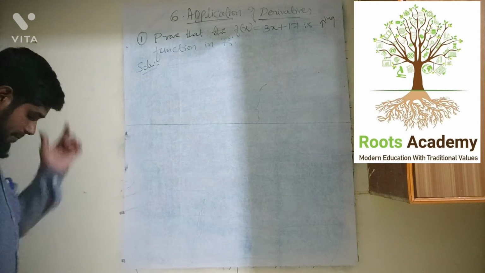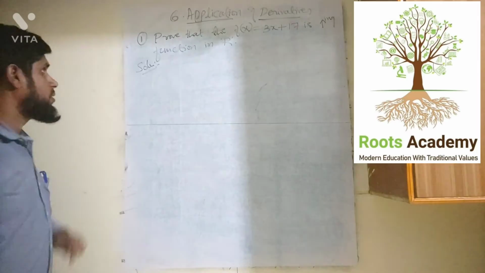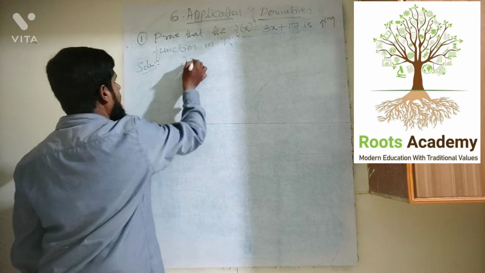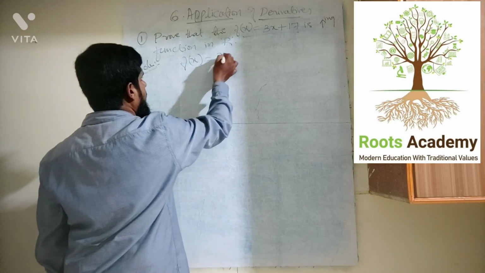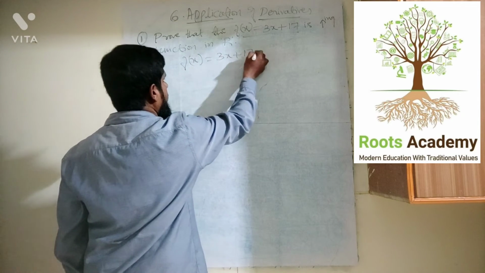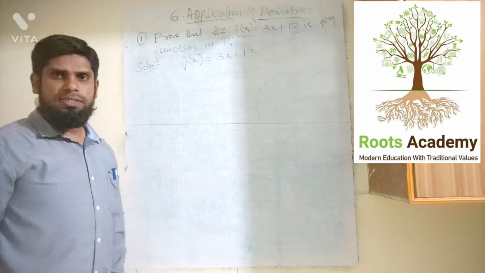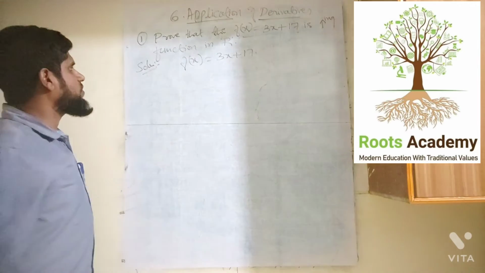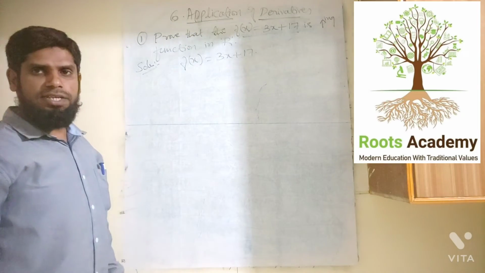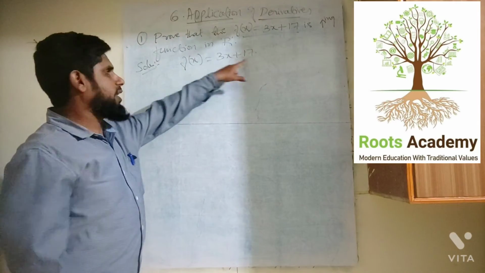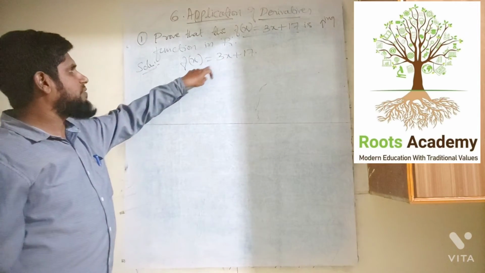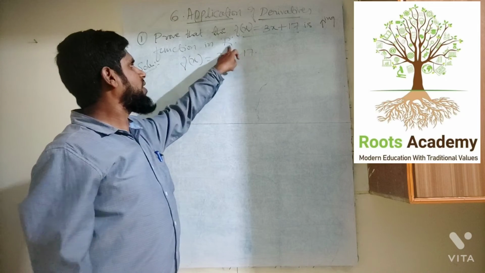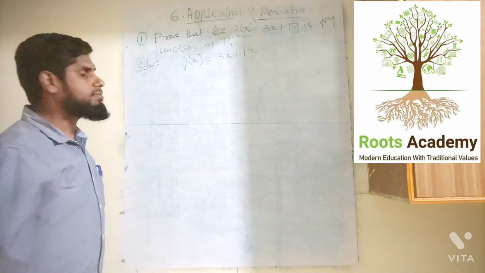Solution. Here the function is a linear function. 3x plus 17 is a linear function. In this function, first let us check with the derivative test. If its derivative is greater than 0, then the function is increasing for every value of x.